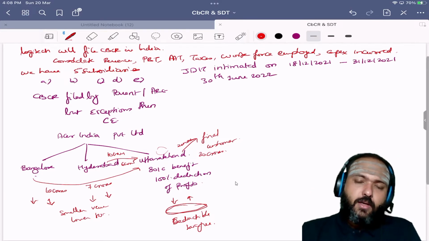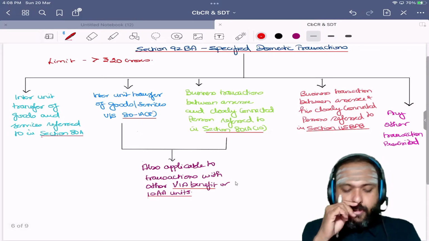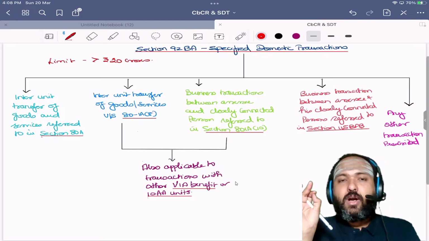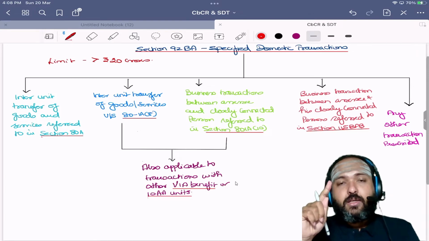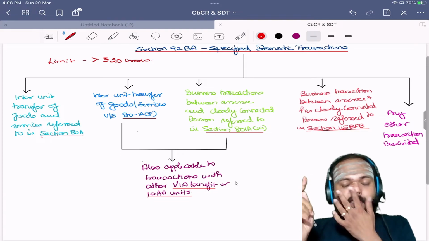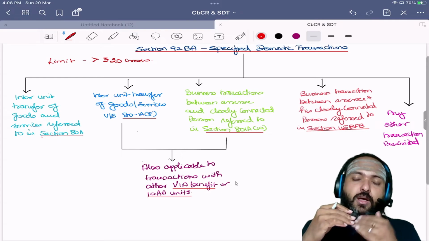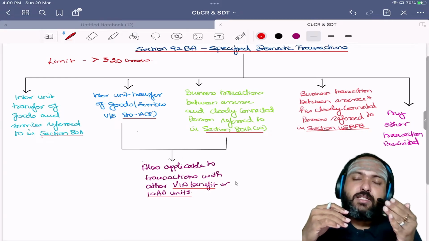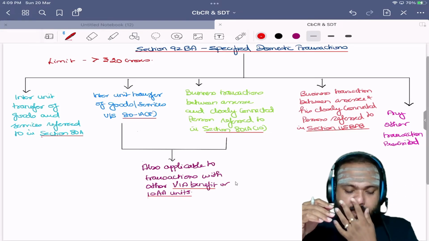Okay, so now let us try to understand what is the coverage in this specified domestic transaction. So what is the purpose? Inter-unit transfer, that is within the company, inter-business transfers within the related parties, would result in undue benefit for one over the other, and this is covered under section 92BA as specified domestic transaction.